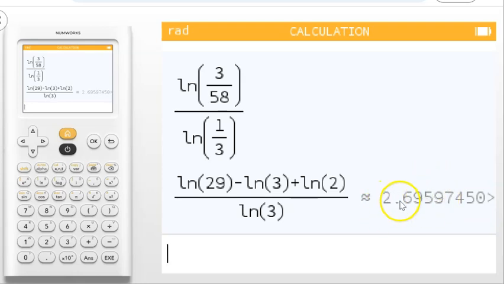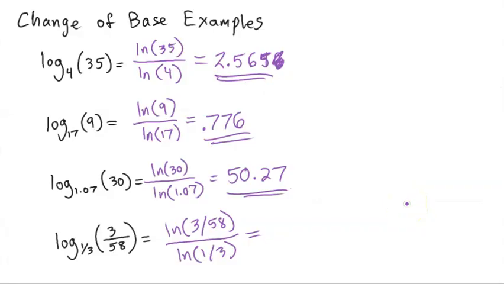So this will become a 6, so it's 2.696. Okay, and that's how we use the change of base. And also, those are the four properties of logarithms. Now we're going to do some examples in the next video of how we can use the properties of logarithms.